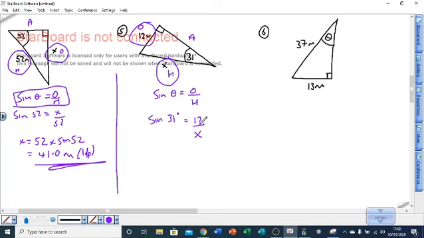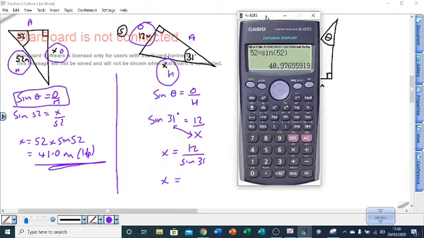Now when x is on the bottom, when the unknown you're trying to find is on the bottom, that's where I say you interchange these two. So the whole of that comes down and x goes up. So 12 is being divided by the sin of 31 degrees. So x is equal to, and again you can use the fraction or the division. So here we go.